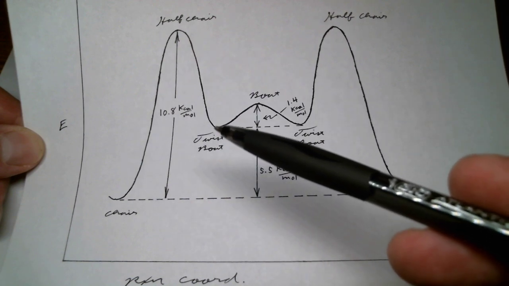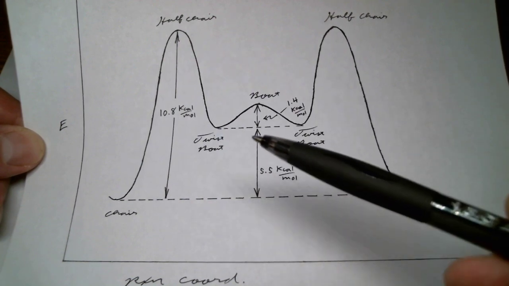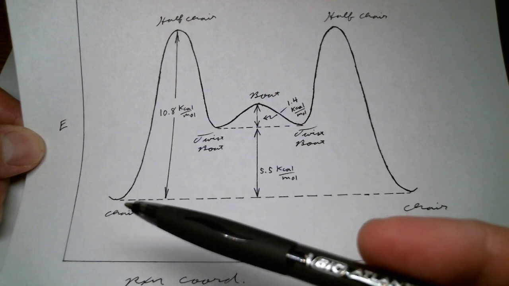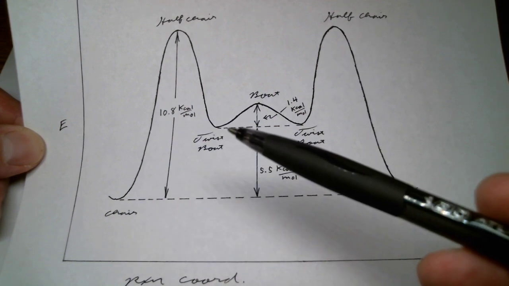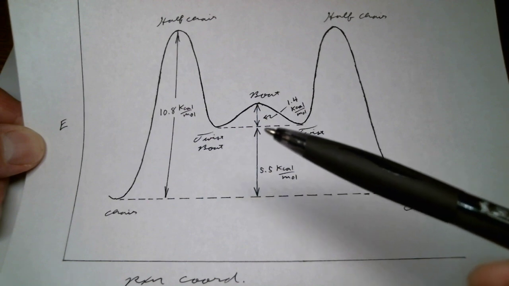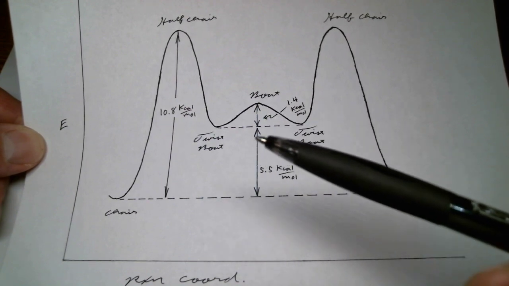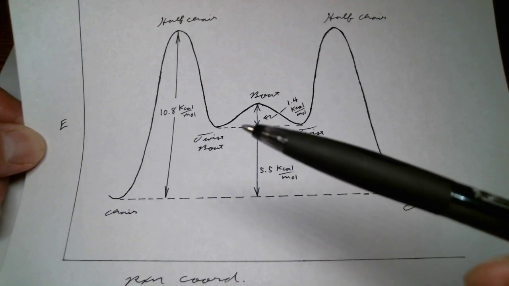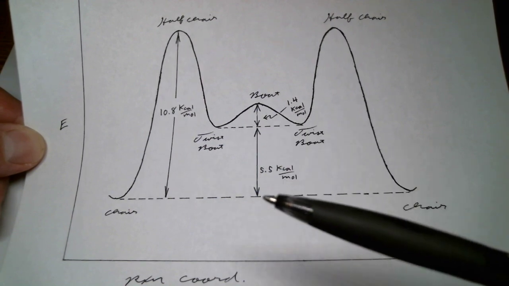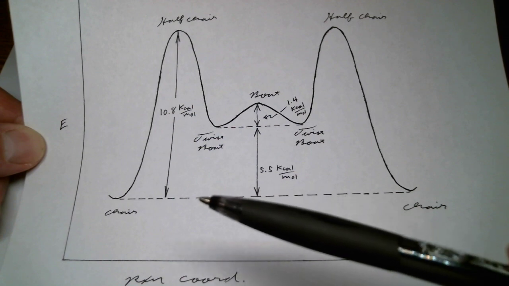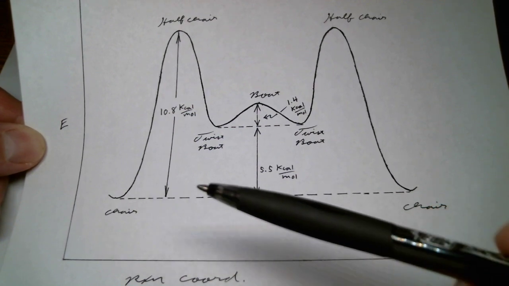We could fall down to a twist boat, that's about 5.5 kcals per mole higher than the chair. And then of course we could proceed through the boat, which is an additional 1.4 kcals per mole higher than the twist boat, so a total of 6.9 kcals per mole higher than the chair conformation itself.